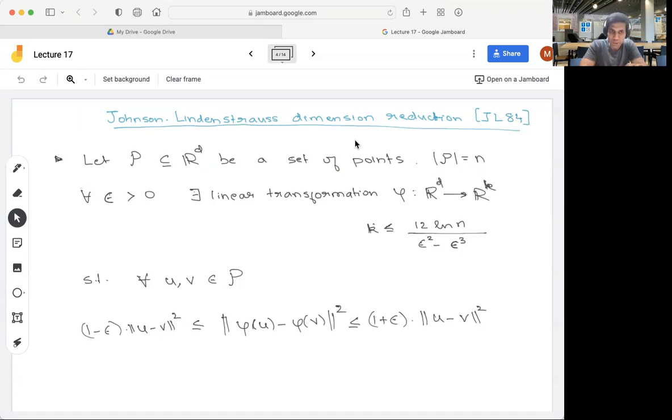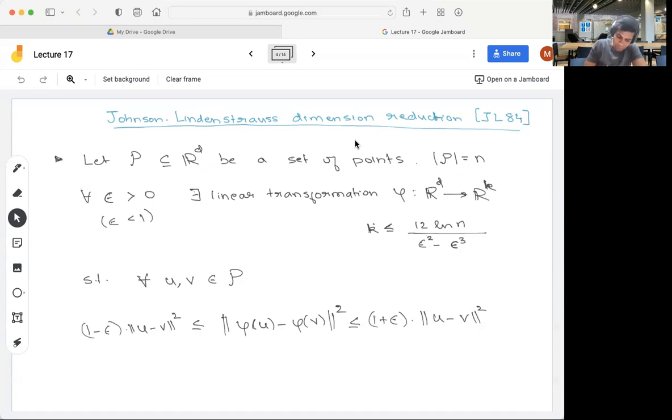And suppose we're given some parameter epsilon, which is positive, and we're going to think of epsilon as between 0 and 1. In fact, just think of epsilon as a really small positive number.